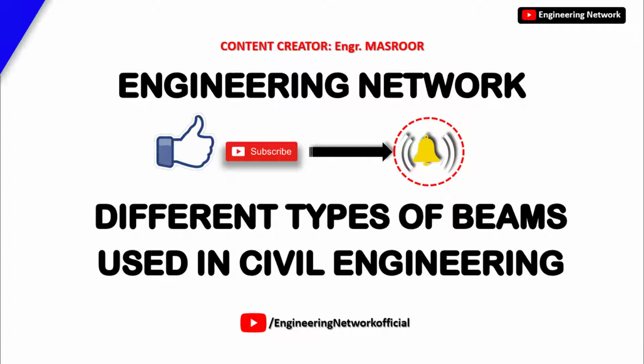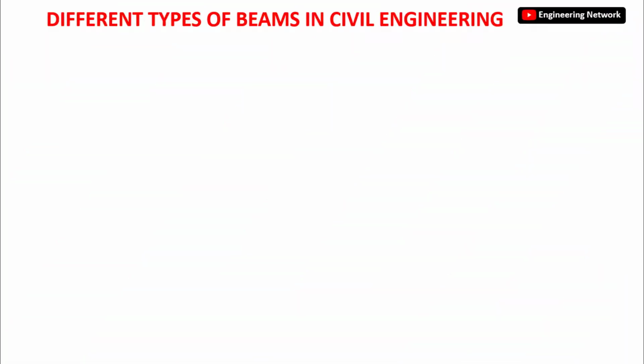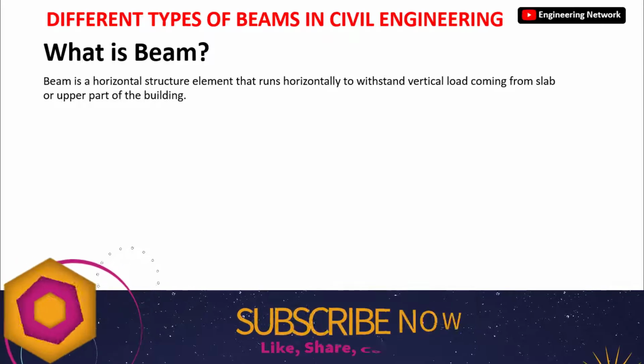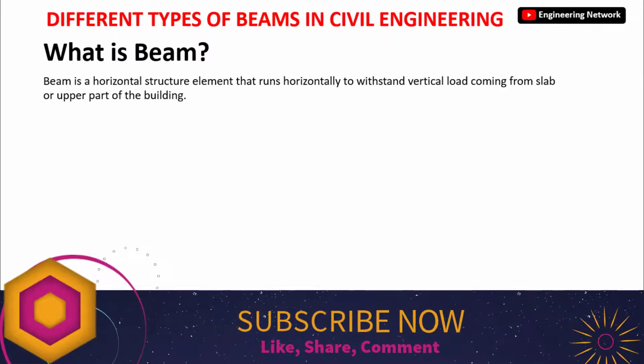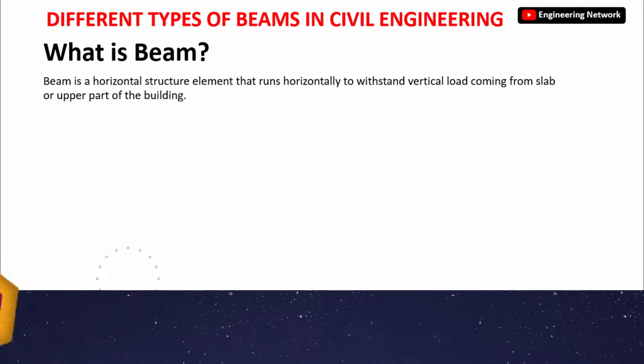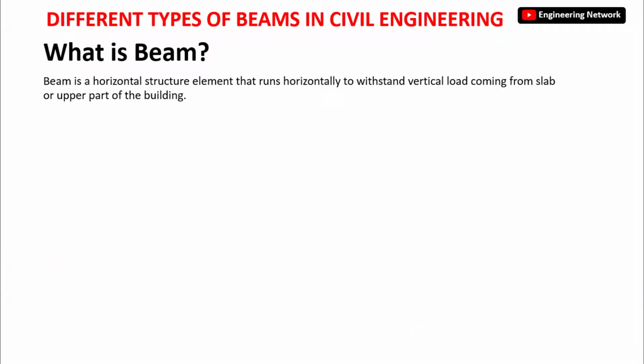So let's start. Okay, so first let's explain what is beam. Now generally, beam is a horizontal structure element that runs horizontally to withstand vertical load coming from slab or upper part of the building, right?